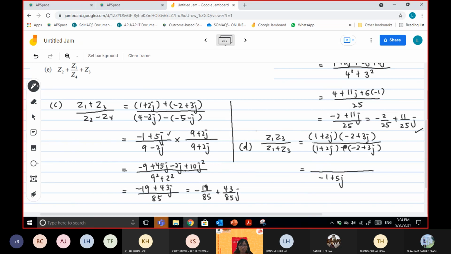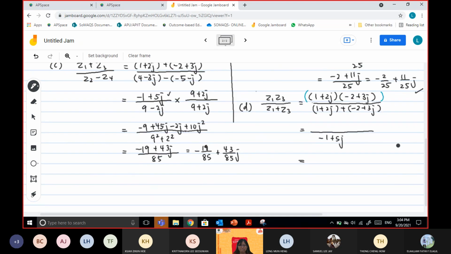What is the expansion for this part of the top?